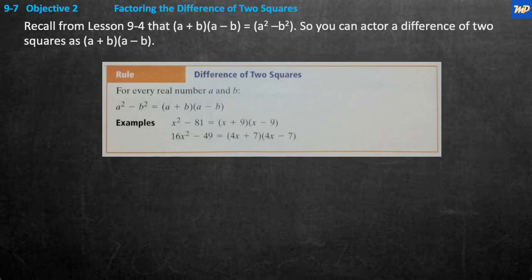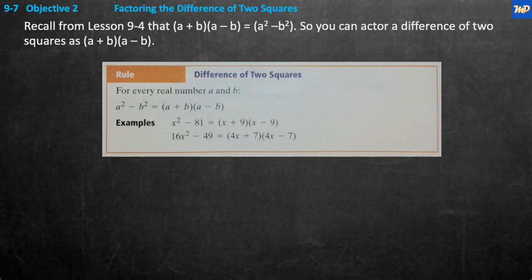Okay, objective 2, factoring the difference of two squares. Recall from lesson 9.4 that the quantity a plus b times a minus b is a squared minus b squared. So you can factor the difference of squares as a plus b, a minus b.